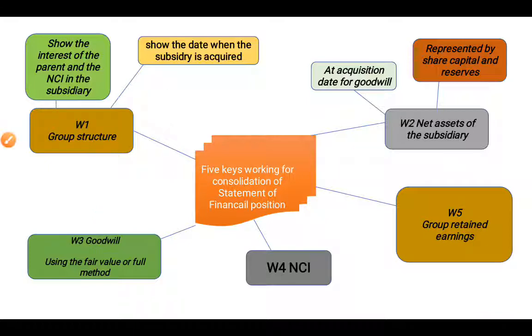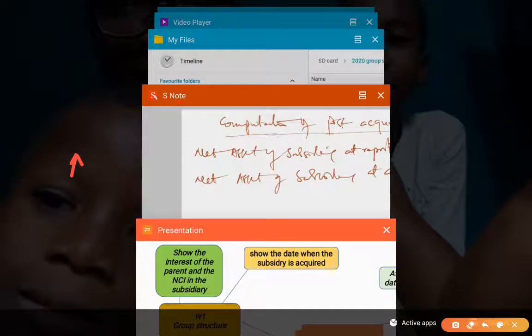Now, having gotten all these 5 steps, I want you to quickly do a check. What are the 5 steps that we have? Step 1, group structure. What are the key things that we look for in the group structure?